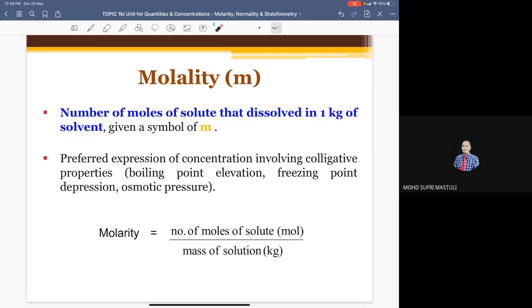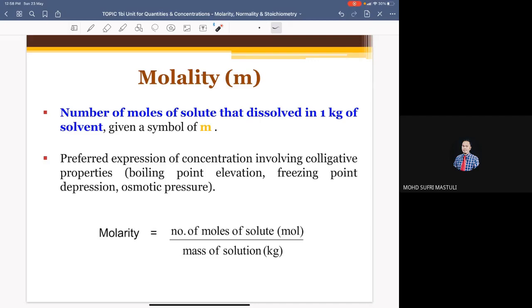Normally, the unit of molality we use to express the concentration of colligative properties. No worry about this one because this is another subject. In the colligative properties, it's about the boiling point elevation, freezing point depression, and also the osmotic pressure.